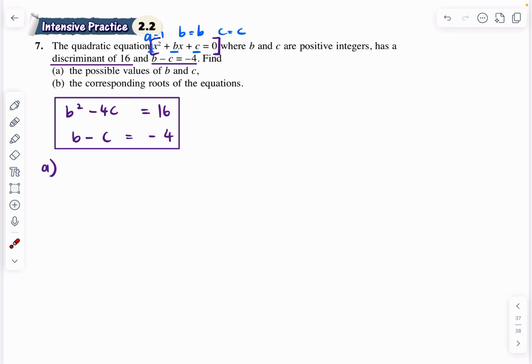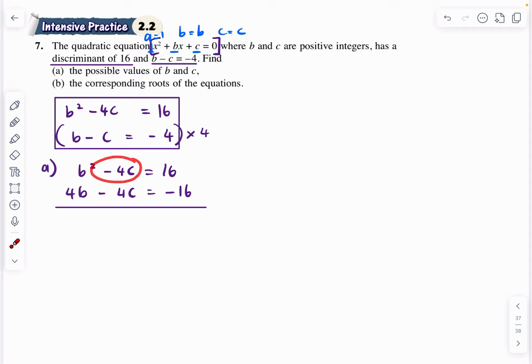Okay. Then we solve this simultaneously. So what we do is we can multiply the second equation by 4. The first equation is b square minus 4c is 16. Second equation we times 4, we will get 4b minus 4c equals to negative 16. Then these two we can eliminate.